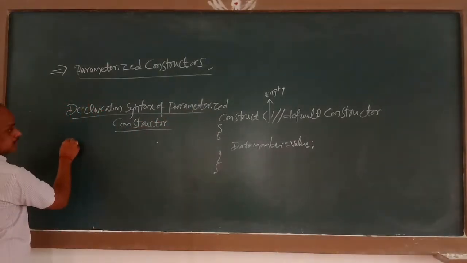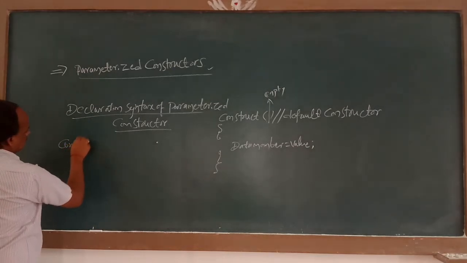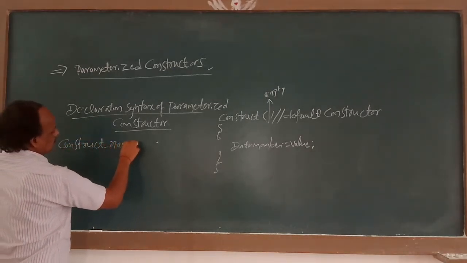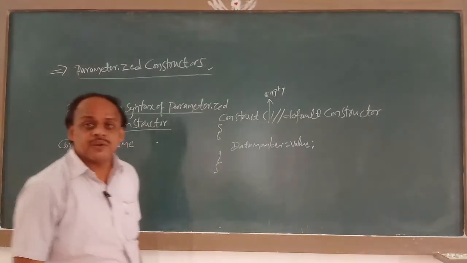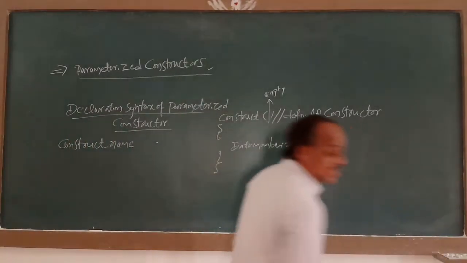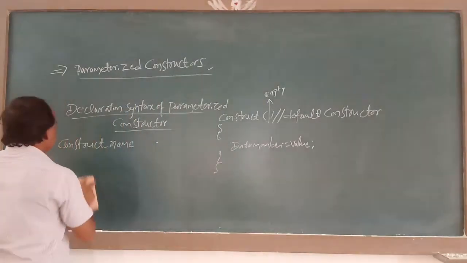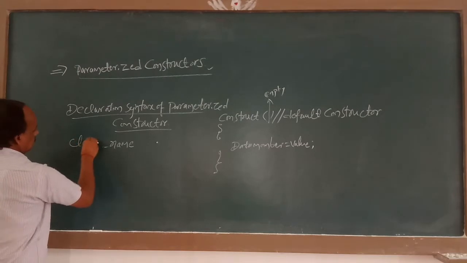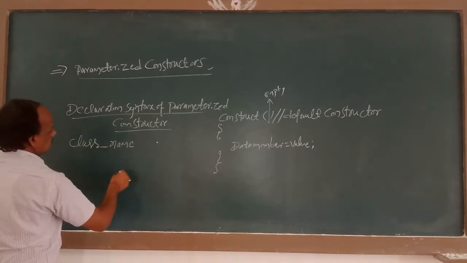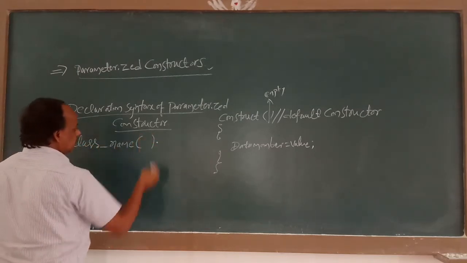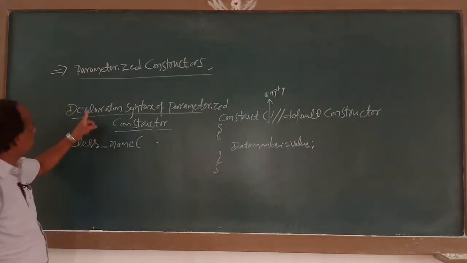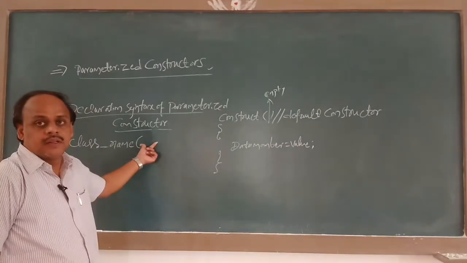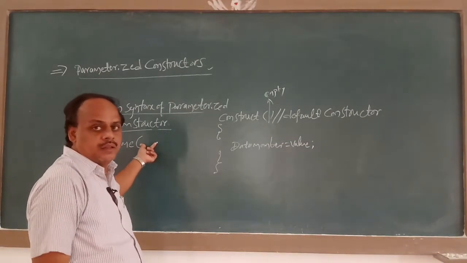Instead of the constructor name, what can we write? The constructor name is the same as the class name, therefore write the class name here, then open bracket, closed bracket. But here it is a parameterized constructor, so it must have arguments.